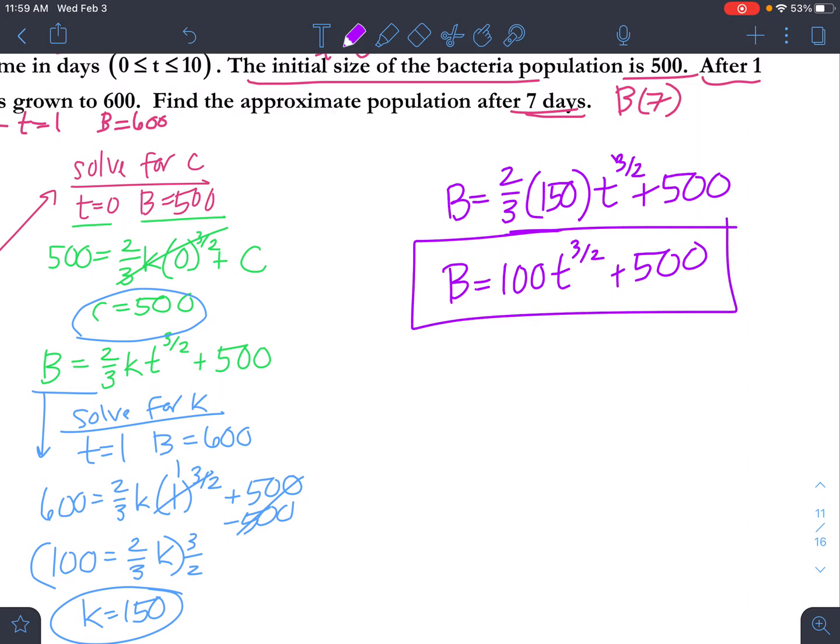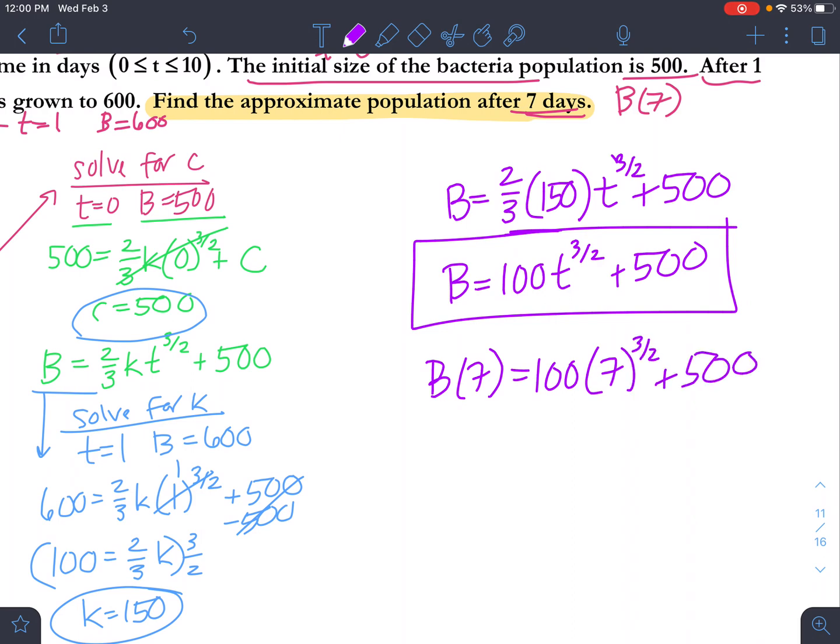Okay, so this is the equation I'm going to be using, and the very, very last thing is we actually get to find the answer. So it's the approximation of the population after 7 days. So b of 7, or you could just say b equals 100 times 7 to the 3/2 plus 500.